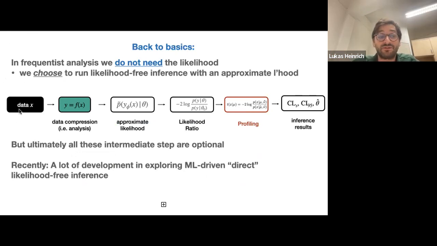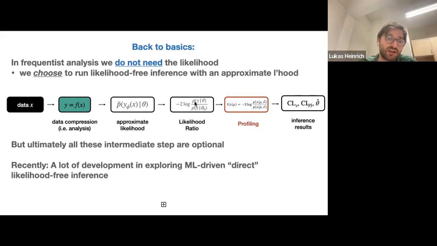So we have all these different steps. We have the data, we're compressing the data, we model a low dimensional density using density estimation. We then have likelihood ratios, we do profiling, we get our confidence intervals and so on. And all these intermediate steps are actually optional from a frequentist point of view.